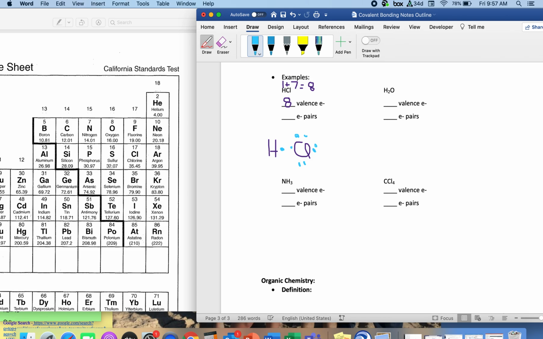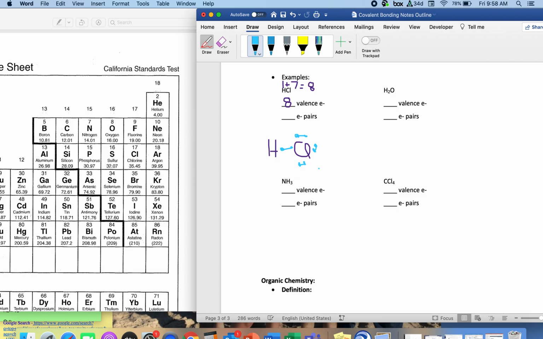6 and 7. And so the reason I'm going to leave that one unpaired is these two, if chlorine can grab onto hydrogen's electron and hydrogen can grab onto chlorine's electron, then they can share them and they can both have 2 electrons there. And so I drew a line between those 2 shared electrons. Now anywhere where you have unshared electrons, so like these guys, I'm going to connect those lines too.